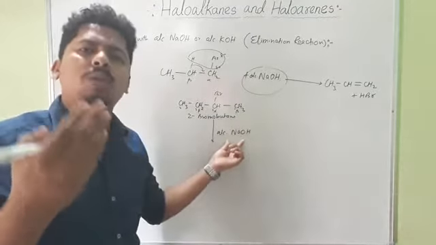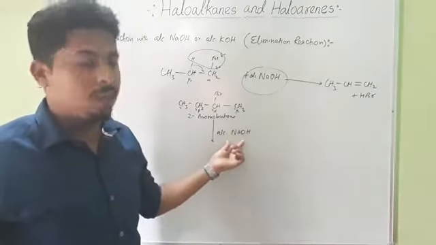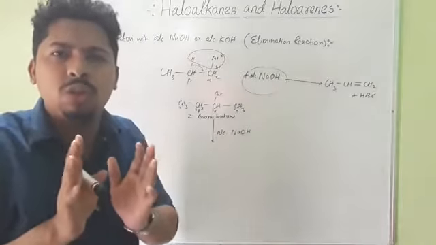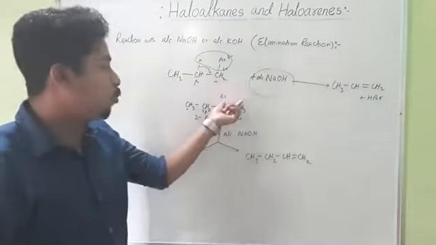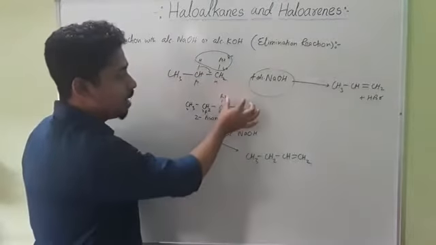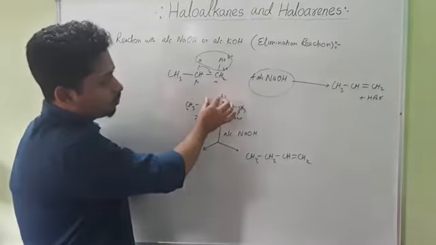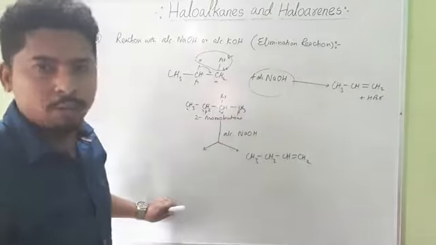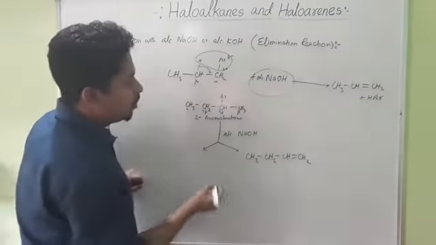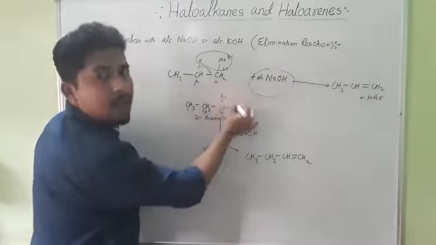Because here the dehydrohalogenation can take place from two sides, from this right side and from this middle portion. So we have a possibility to get two different types of products.